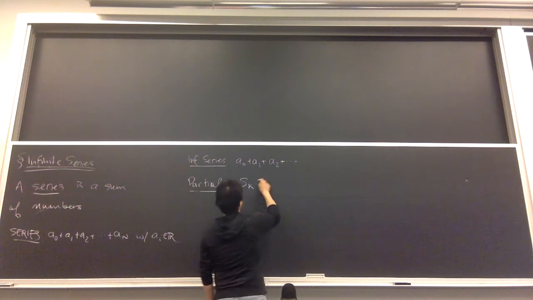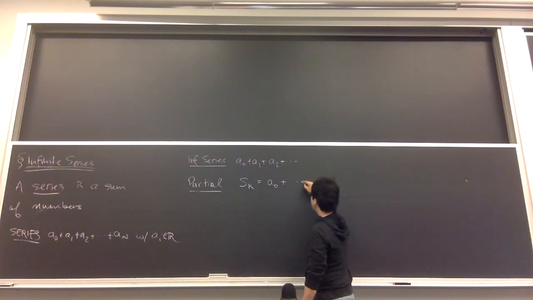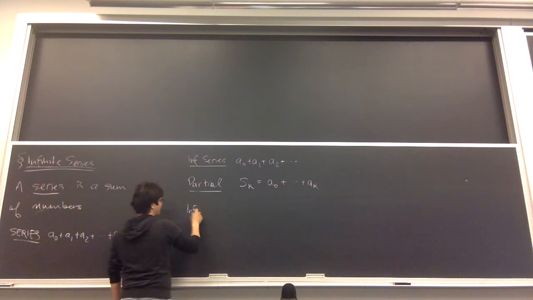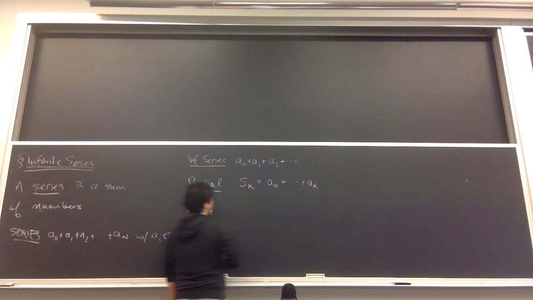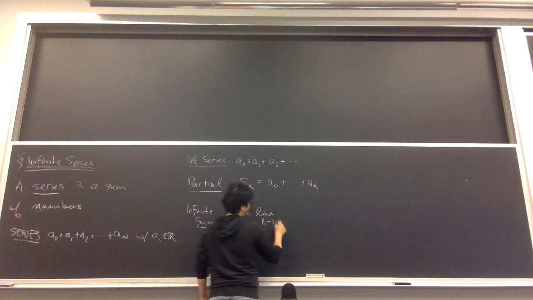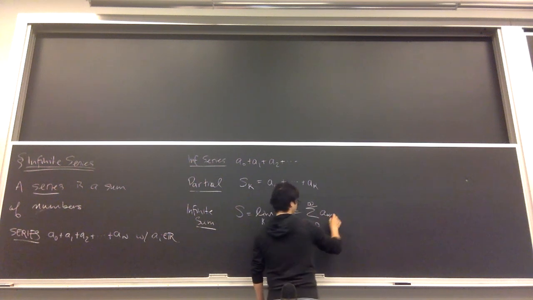This indicates that you should take the sum from a1 all the way through ak. The infinite sum then is given by S without an index, which is equal to the limit as k goes to infinity of the partial sums, which we write like this: the sum from k equals 0 to infinity of ak.